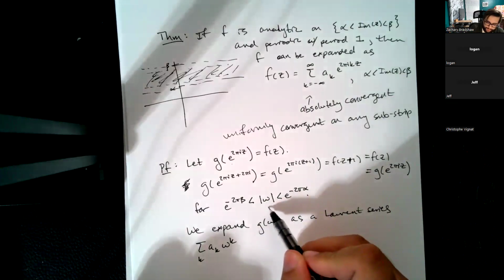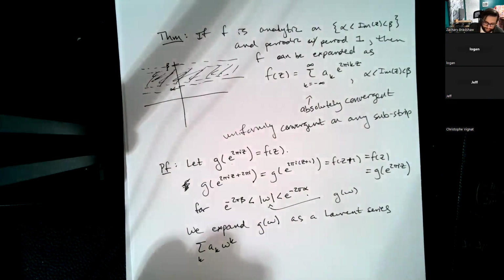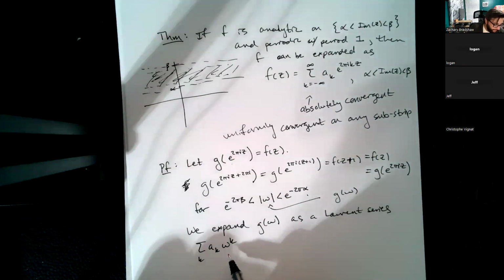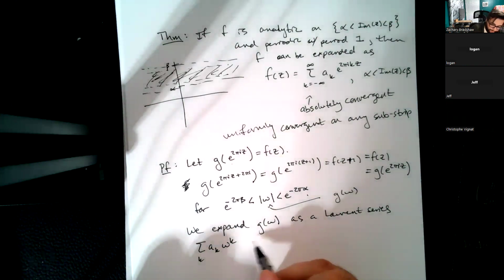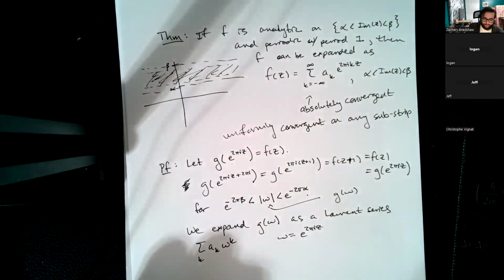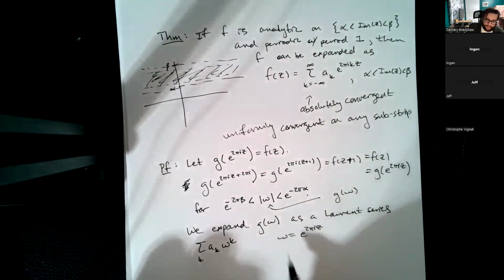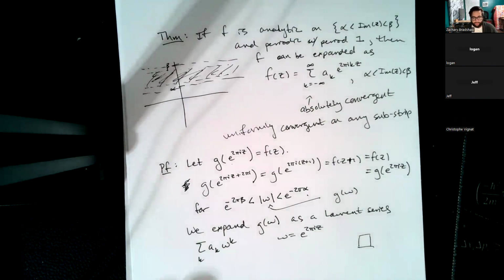When I write omega here, I'm thinking of G as a function of omega. Okay, and this holds in the annulus. And so by substituting omega equals e to the 2 pi i z, I get the series I want. And this represents f. So that's all I need.